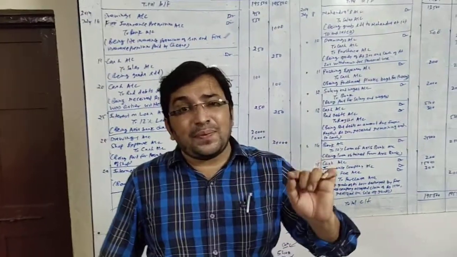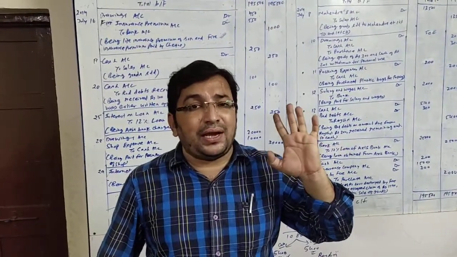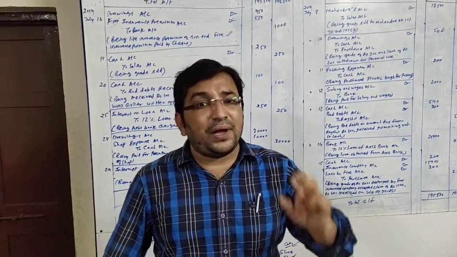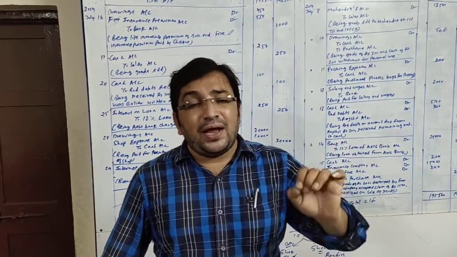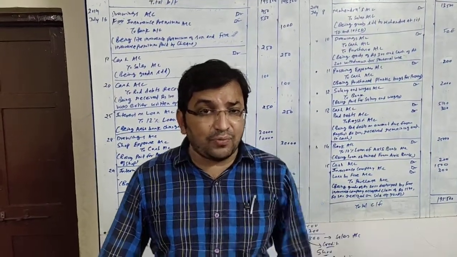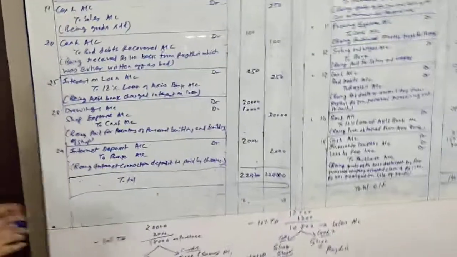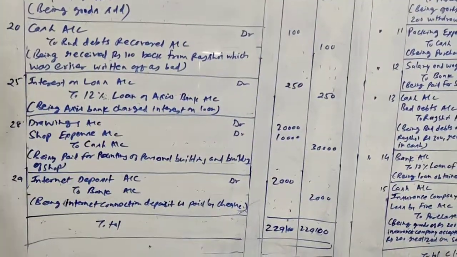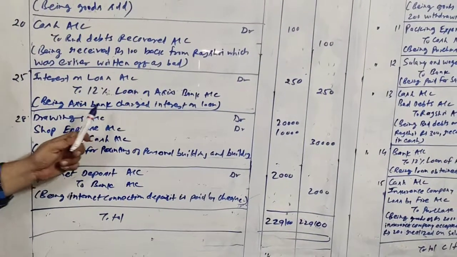So Axis Bank loan account will be credited and interest on loan account will be debited. Why is interest on loan account debited? Because it is our expense, and the loan is increasing, so the loan of Axis Bank account will be credited. Here the entry is interest on loan account debit 250 to 12% loan of Axis Bank account, being Axis Bank charged interest on loan.